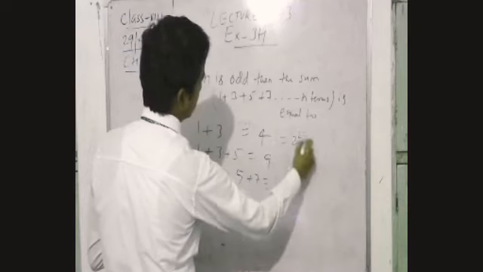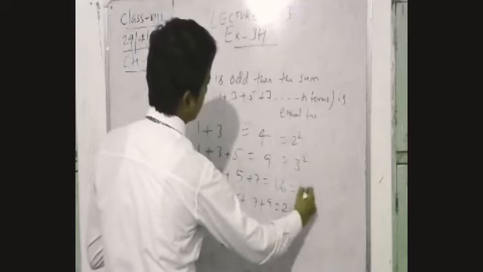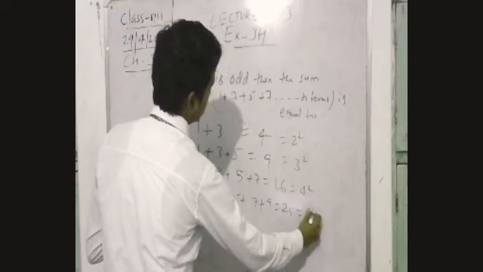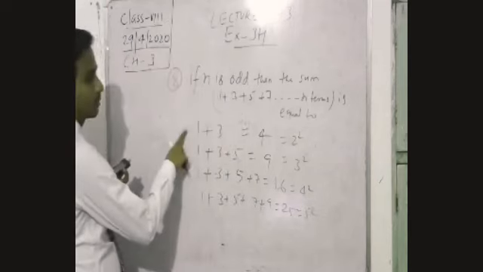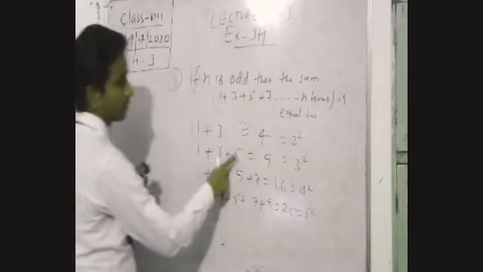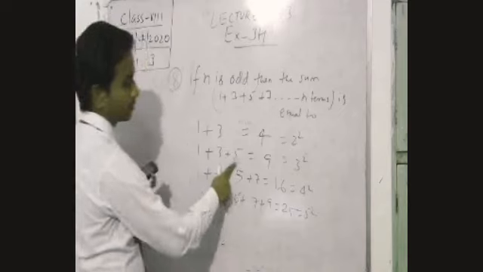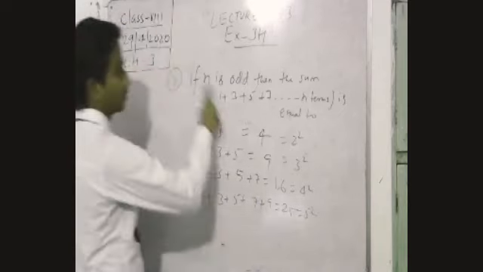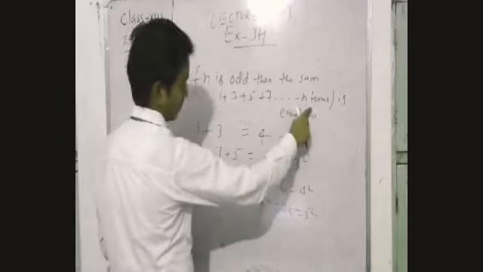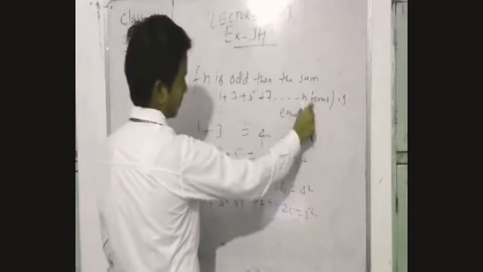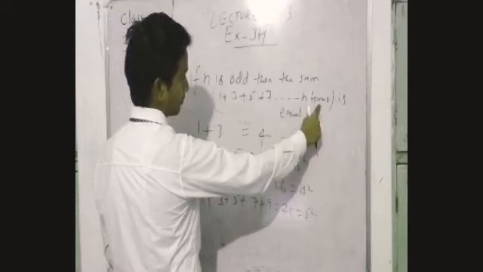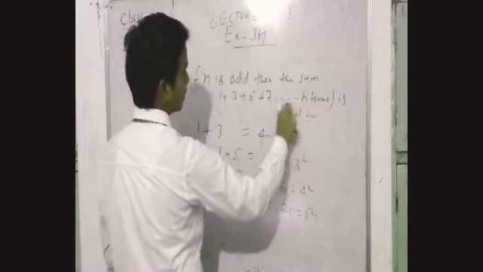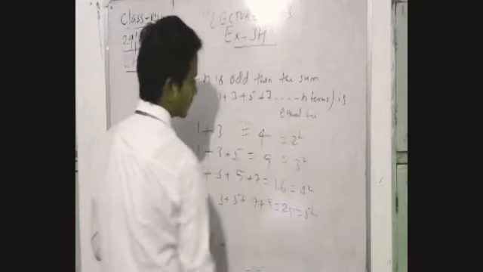So this is nothing but 2 square, 3 square, 4 square, 5 square. Up to the first 2 terms, we are getting 2 square. Sum up to 3 terms, we are getting 3 square. 4 terms, 4 square. 5 terms, 5 square. So if we sum this up to nth terms, then what will be the sum?